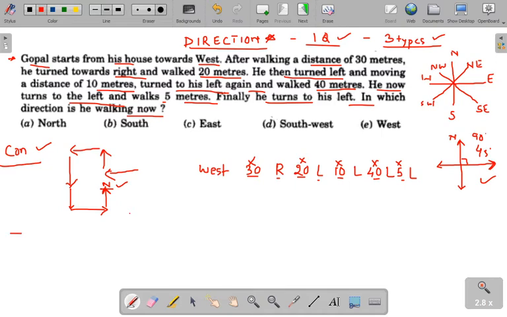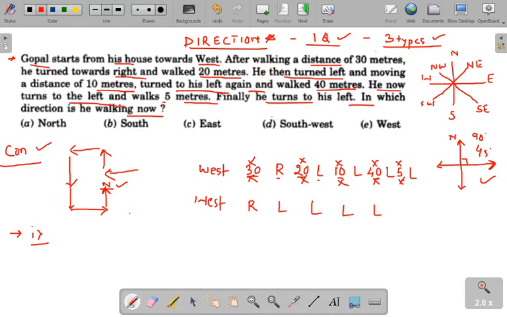Another approach of solving this problem is, step 1, ignore this and only pay attention to the directions. He started from west, then right, left, left, left, and left.